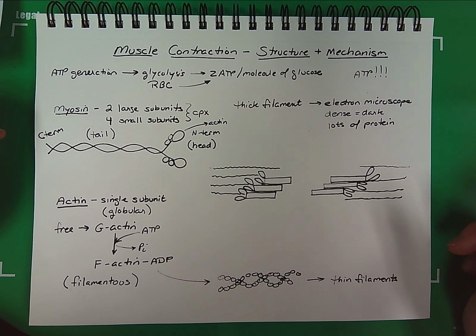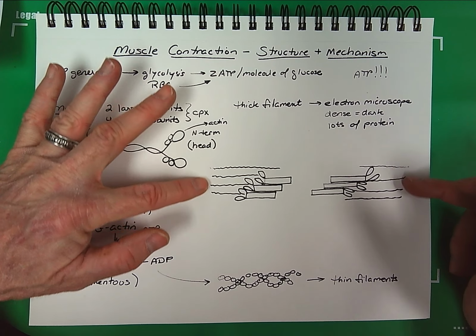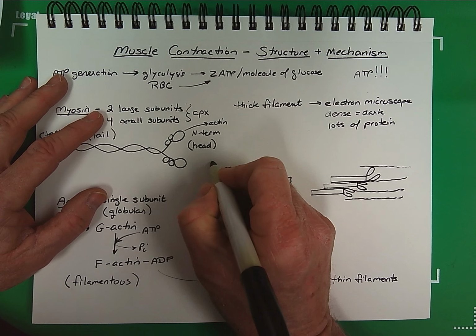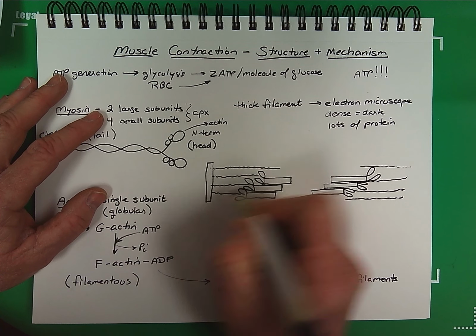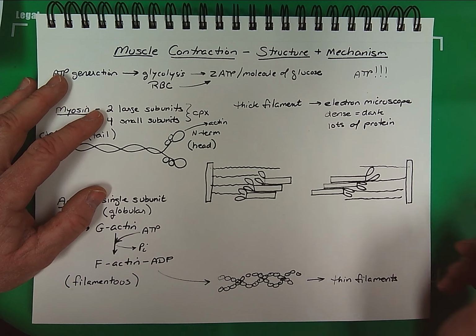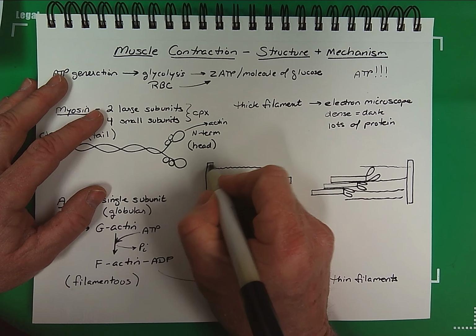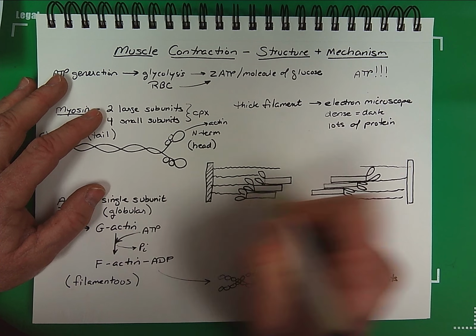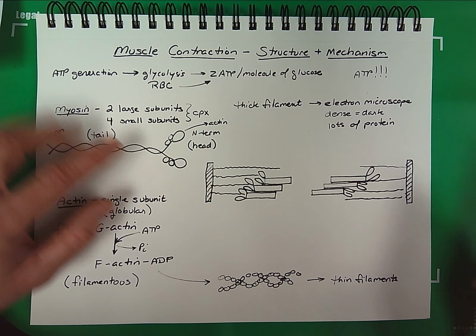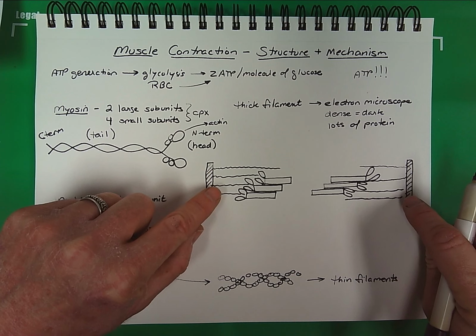Now, in order to get contraction, we have to have something tethering and holding these ends. What we have is a bundle of proteins that are anchored to connect these thin filaments. So the thin filaments are tethered at the end.